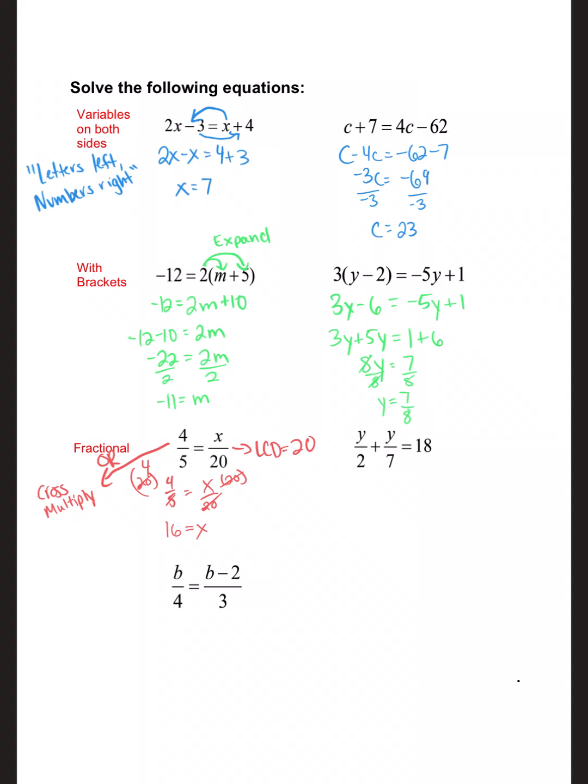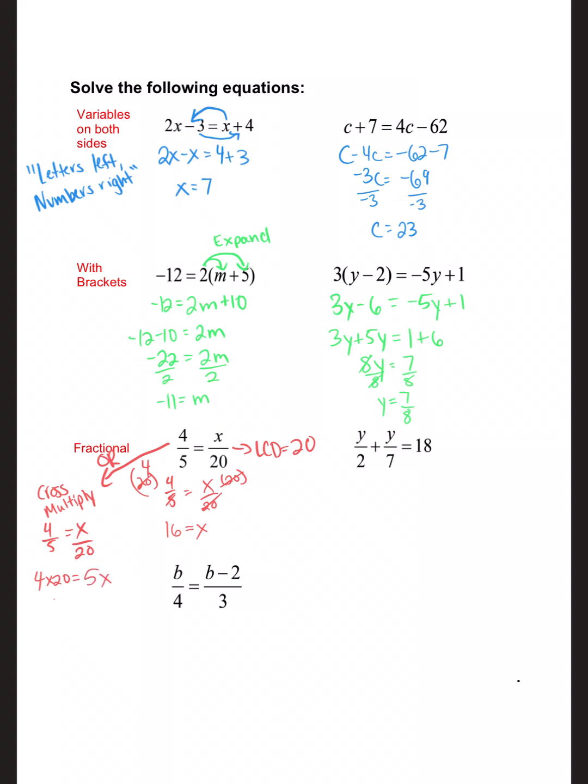So if we took 4/5 equal to x over 20, and we cross multiply, that means we're going to take the top of one fraction and multiply it by the bottom of the other. For example, I'm going to take 4 and I'm going to multiply it by 20. So we're going to multiply kind of on a diagonal. So 4 times 20. And then we're going to take 5 and multiply by that x, so 5x.